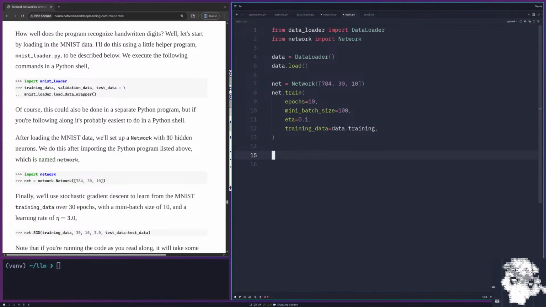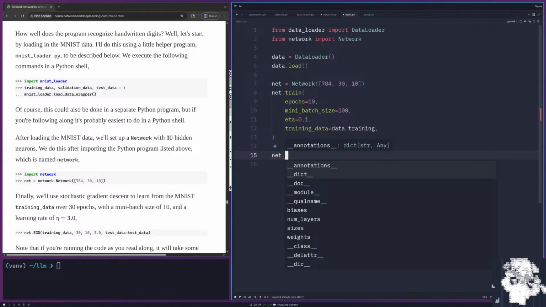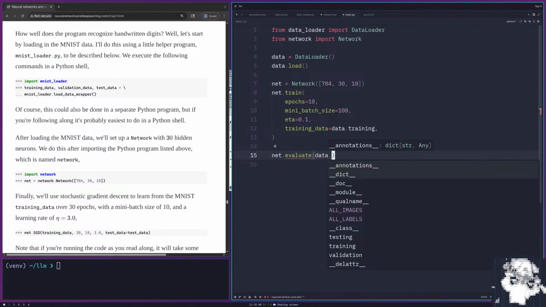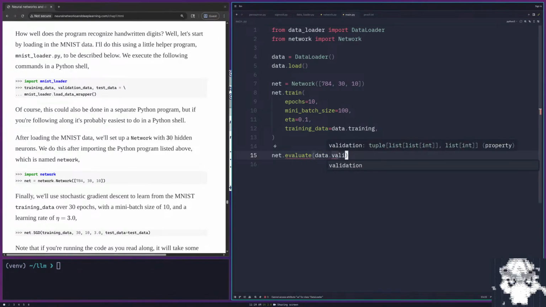So then I guess after training, what we would want to do is net.evaluate on data.validation. How would we call it? Validate then.